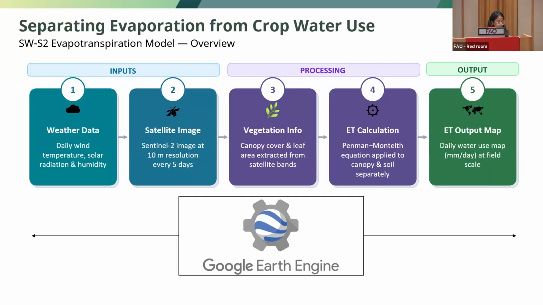With that input, we derive the vegetation information and use the equation to calculate the ET. The good thing about this is that all this part can be run in Google Earth Engine, which does not require local computation, and also it is scalable.